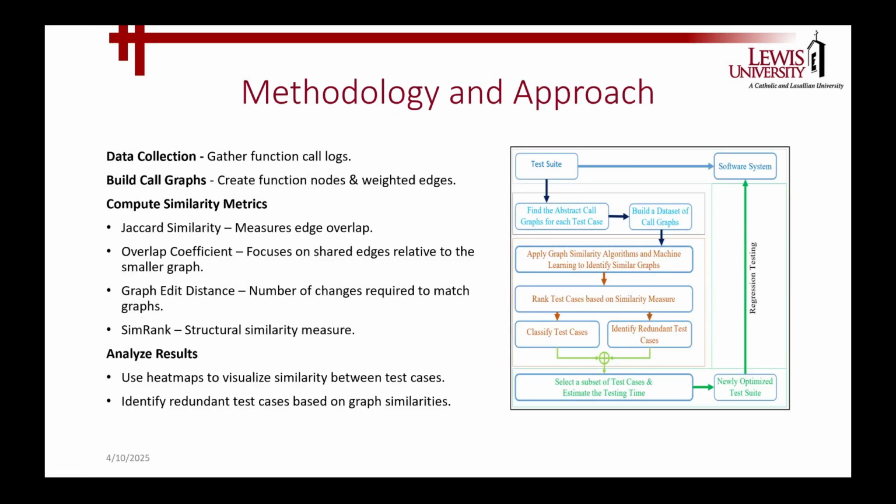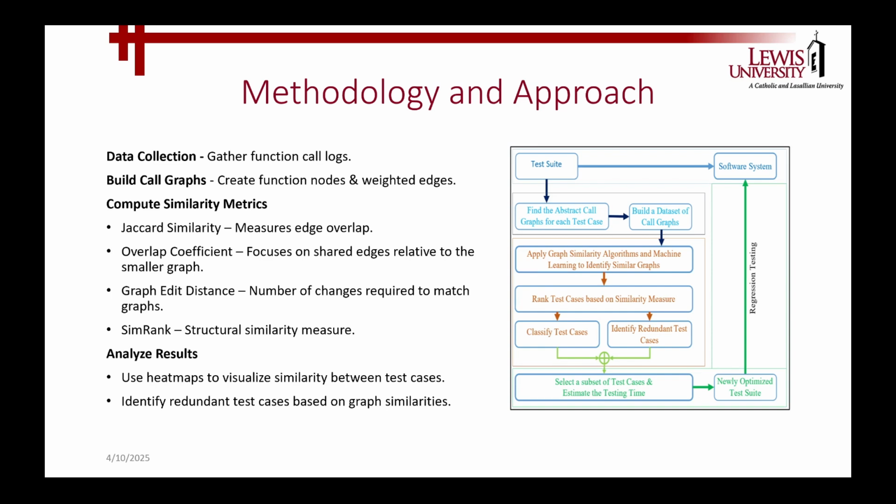Coming to methodology and approach. Our process begins by collecting function logs from each test case. We then build directed call graphs where nodes represent functions and edges represent calls weighted by call frequency.